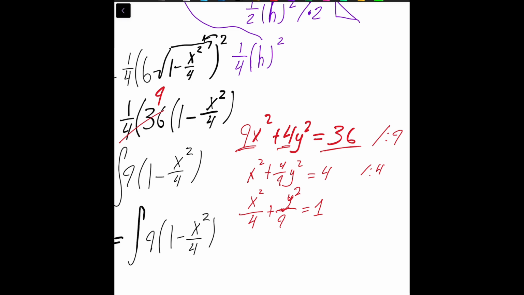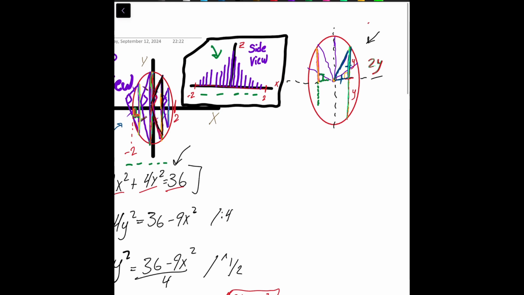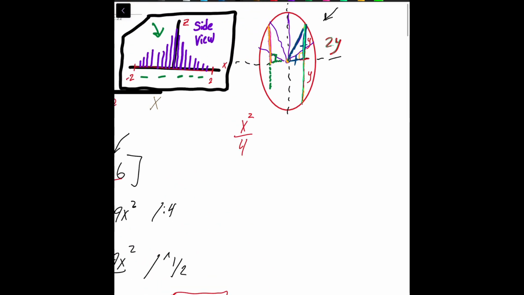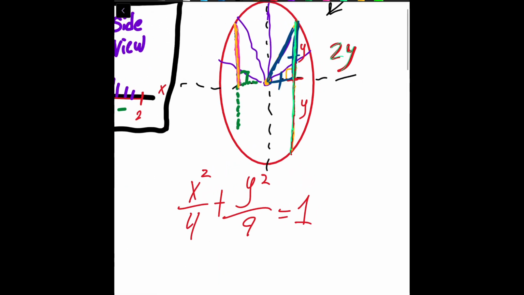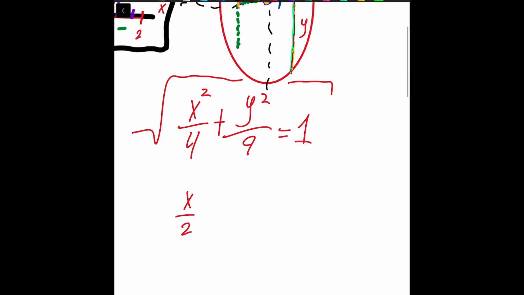Okay, so we see, given x squared over 4 plus y squared over 9 equals 1, if we were to square root this, we would get x over 2 plus y over 3 equals 1.